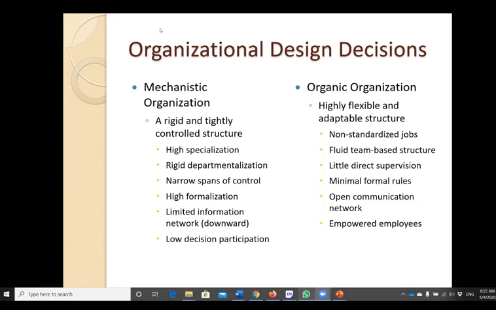A person can join many projects at the same time.